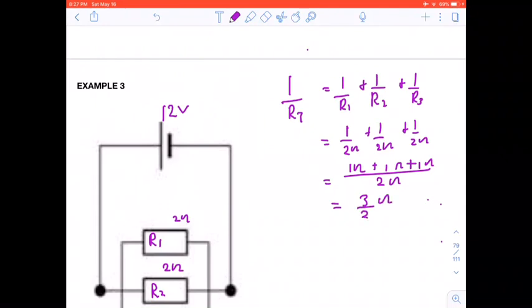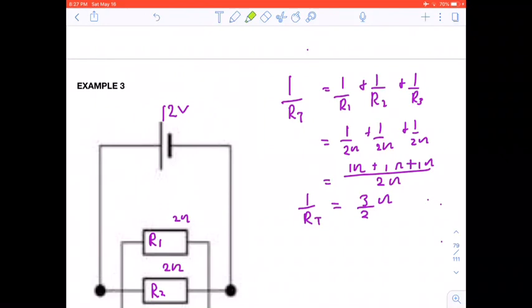That is 1 upon RT, right? So maybe here I've got both in ohms, I may just need to take that out.